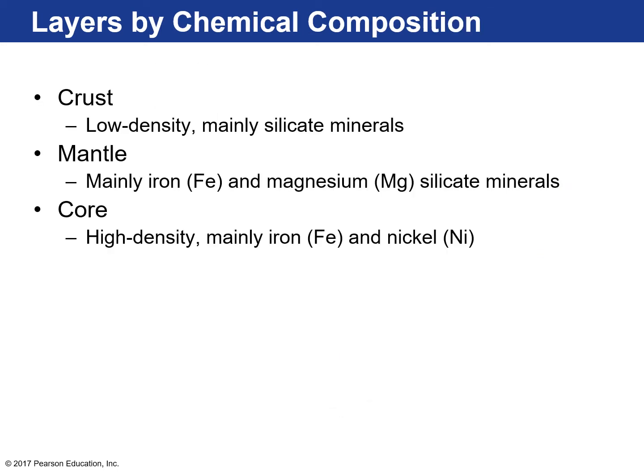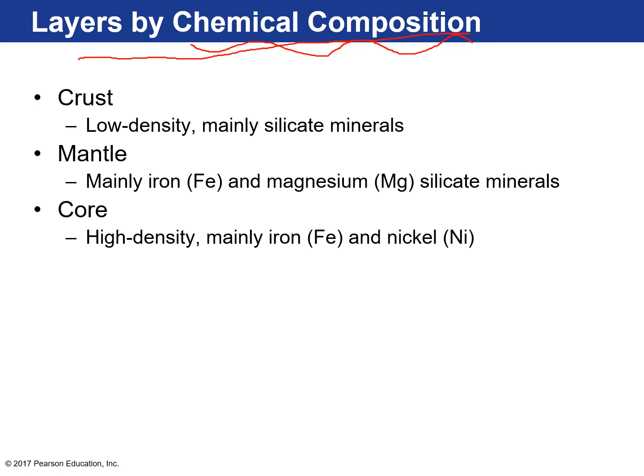So if we look at the layers of our Earth based on chemical composition, meaning the different layers are differentiated by their chemistry, the outer and thinnest layer is the crust. That's a very low density, mainly silicate rocks and silicate minerals, very light materials: silicon, oxygen, potassium, calcium.